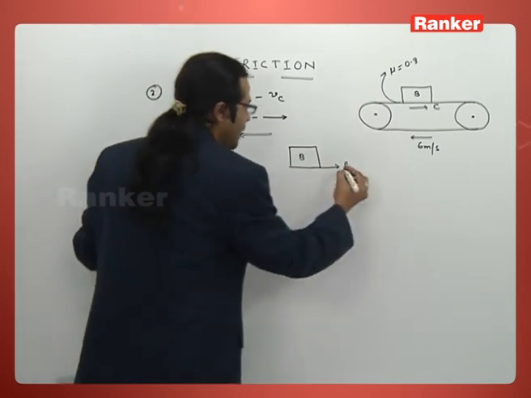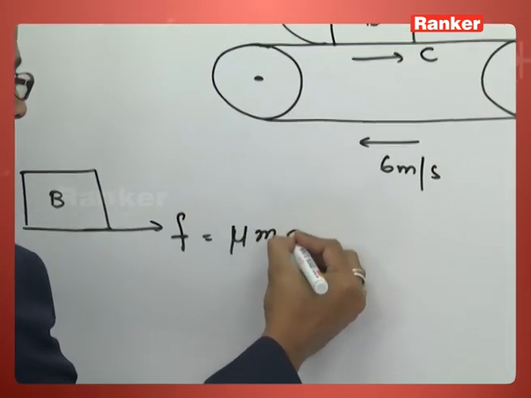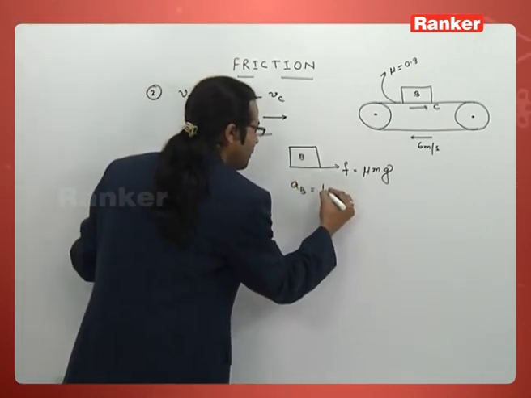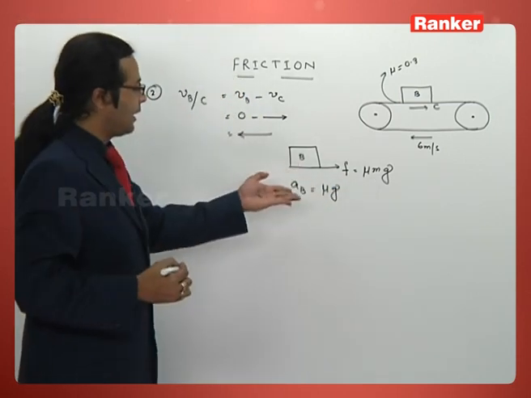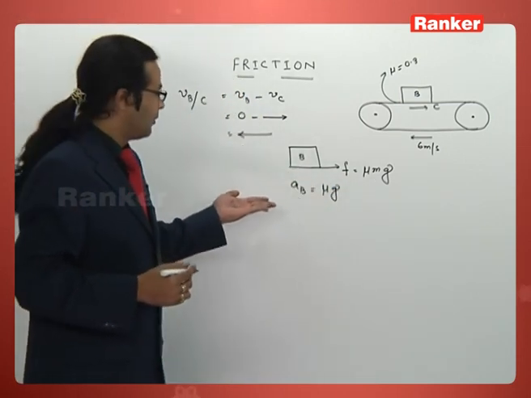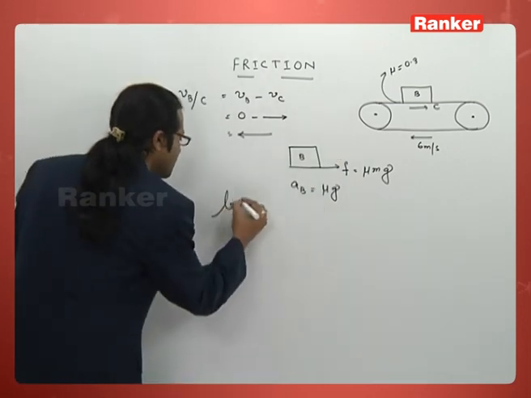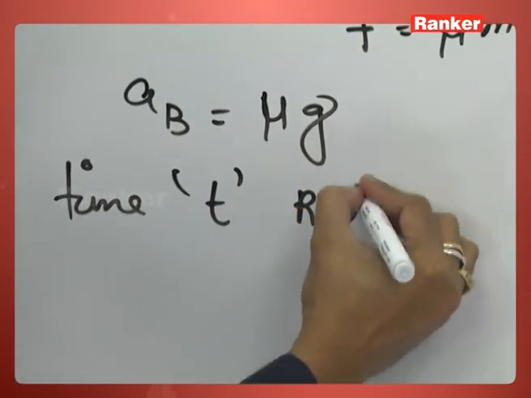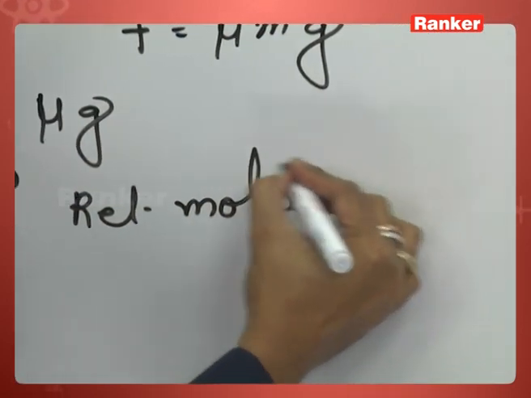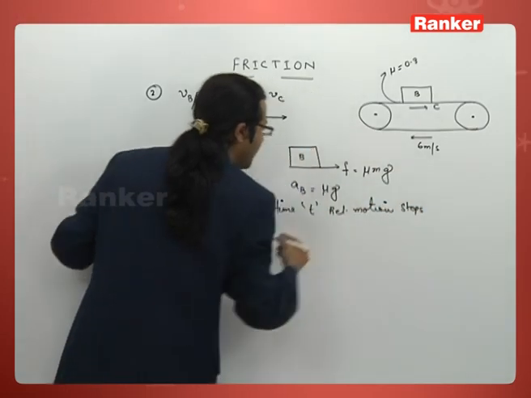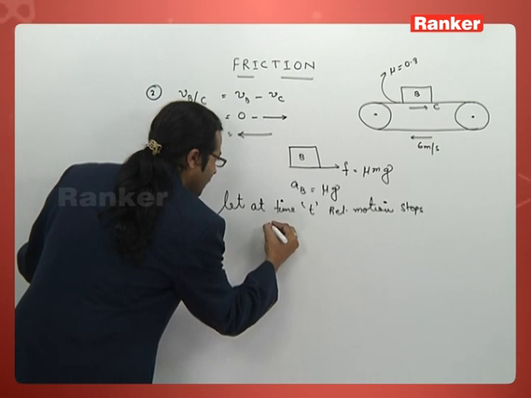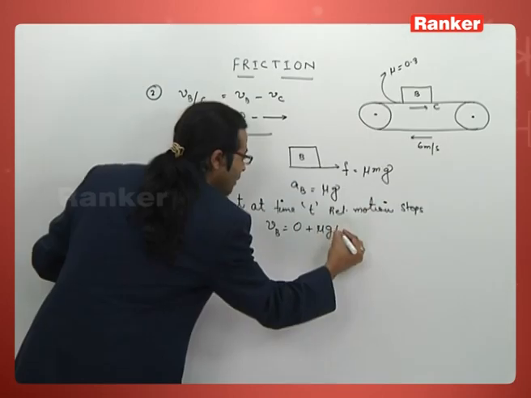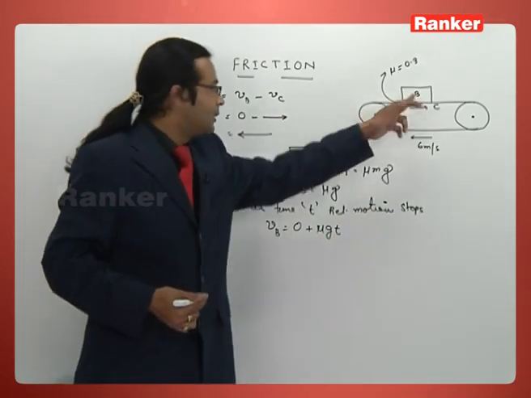So here I say frictional force is mu into m into g. So obviously acceleration of block B will be mu g. So I can say let at time t the relative motion stops. Here I can write velocity of block will be 0 plus mu g into t, because initial velocity of block B is 0.